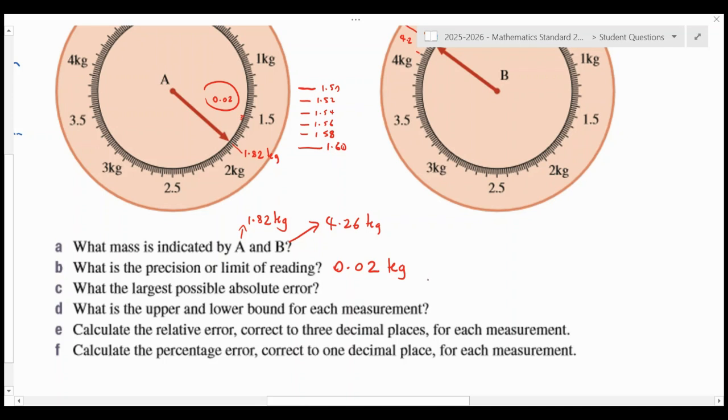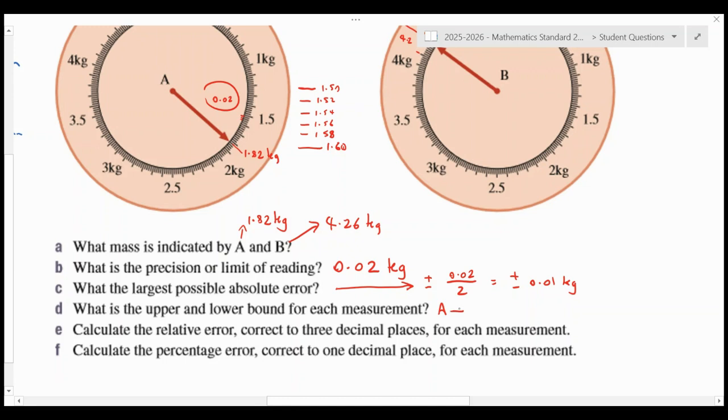So if I go plus or minus 0.02 over 2, that will give us half of it, which would equal plus or minus 0.01 kilogram. So that is our largest possible error. We will be plus or minus 0.01 kilogram. Upper and lower bound for each measurement.